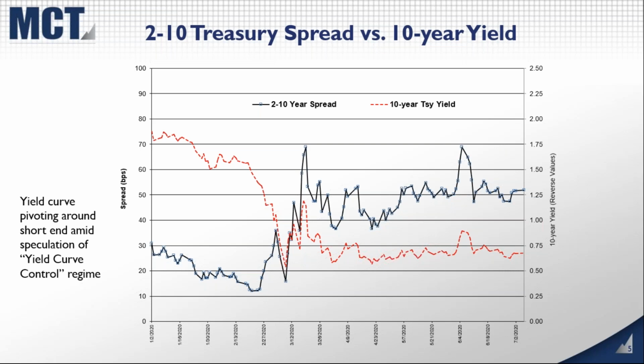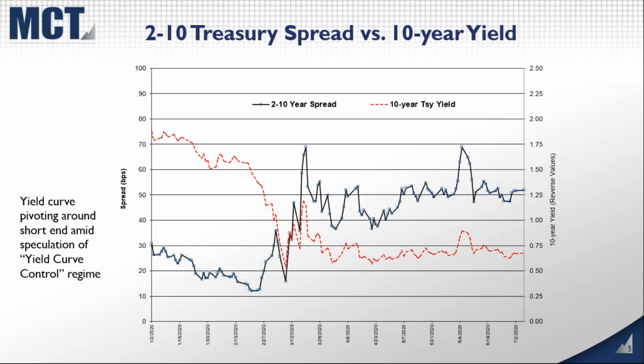It also highlights the fact that there's speculation about the Fed adopting some form of yield curve control regime, which basically would mean they would be targeting short yields to some level, and buying Treasuries to pin or cap yield at a certain level.